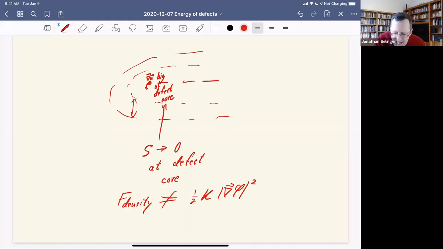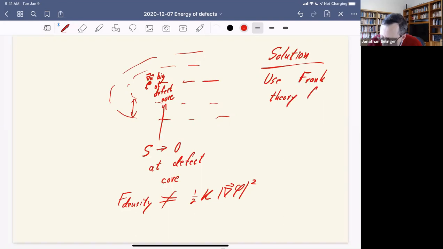Alternatively, an easier thing to do is to say, let's just use the Frank theory away from the defect core. So we'll use the Frank theory for r greater than r core, right? Some characteristic length scale where the Frank theory applies.